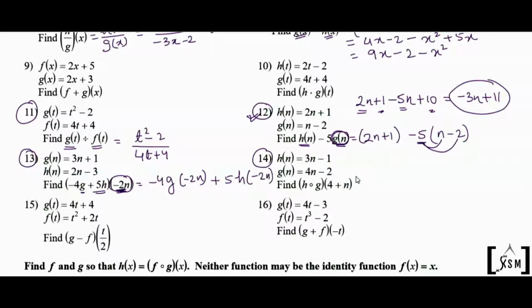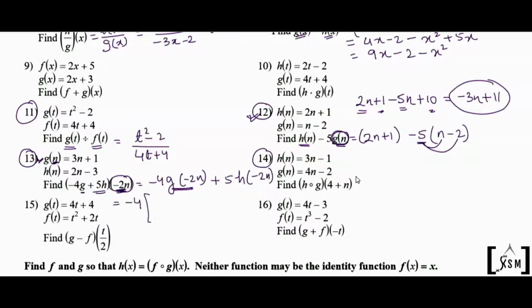Please understand, this is not a multiplication, right? Now my job is to find the g of minus 2n value. g(n) is given to us. In place of n, we'll have to replace minus 2n. So I'm replacing that.